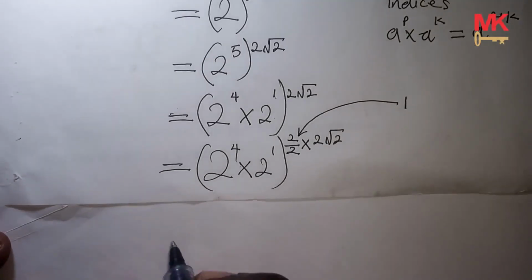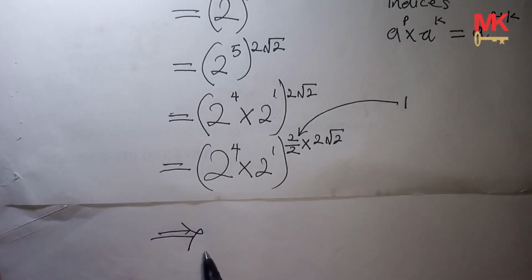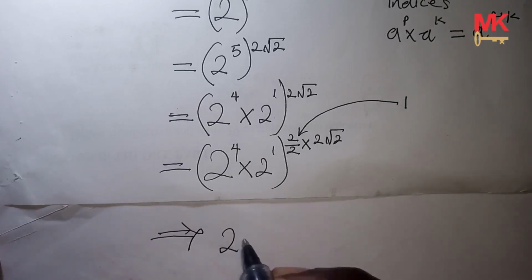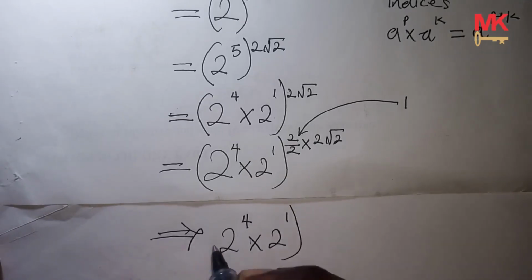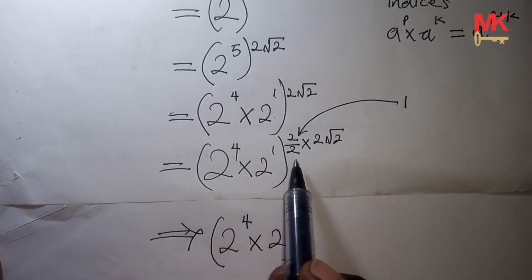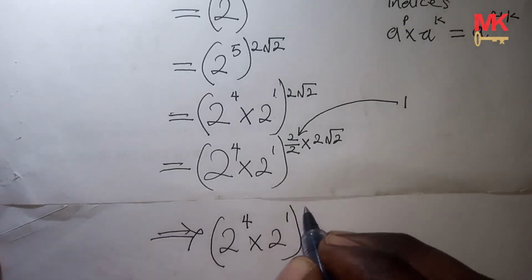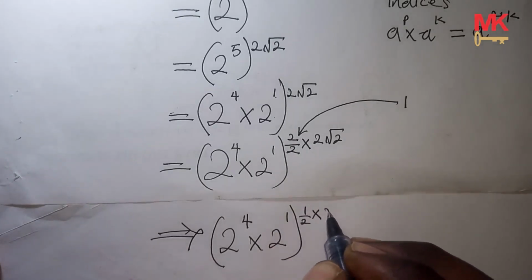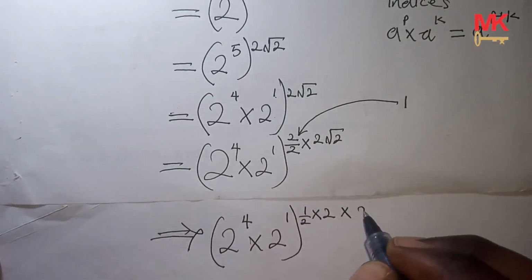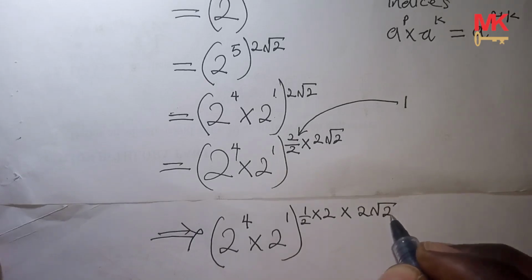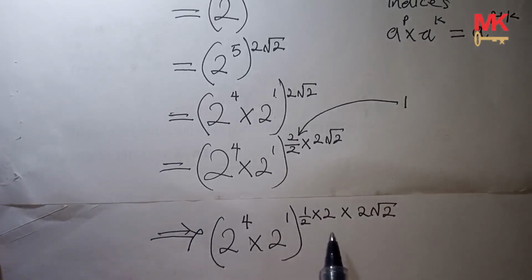So now this implies 2 raised to power 4 times 2 raised to power 1. We'll close the bracket, and now we'll split this part to get 1 over 2 times 2, then times 2 root 2. So we haven't done anything wrong here. This is 1 over 2 times 2, which gives us the 1, and everything is still okay. Now 1 over 2 will have to enter inside.